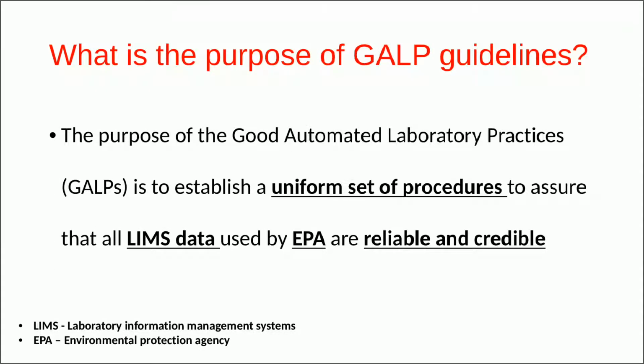Starting with the very basic question, what is the purpose of GALP guidelines? The purpose of the Good Automated Laboratory Practices is to establish a uniform set of procedures to assure that all LIMS data used by EPA are reliable and credible. Now what is LIMS? LIMS is Laboratory Information Management System, and EPA stands for Environmental Protection Agency.